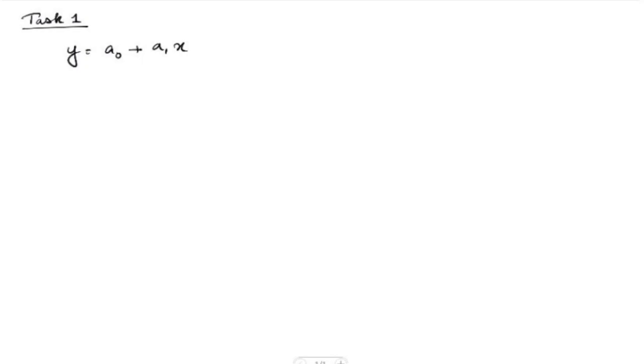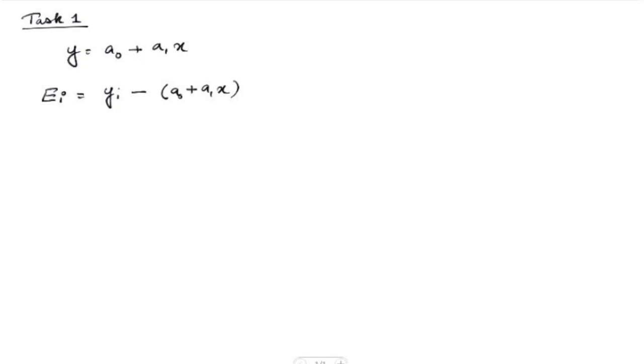So first let's write the residual, which is ei, and the residual will be the observed value, which is yi, minus the predicted value, which is a0 plus a1 x.